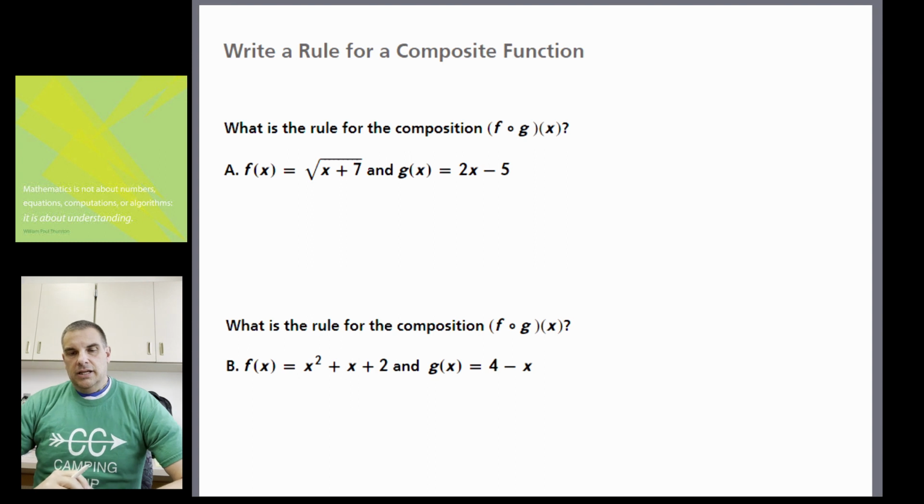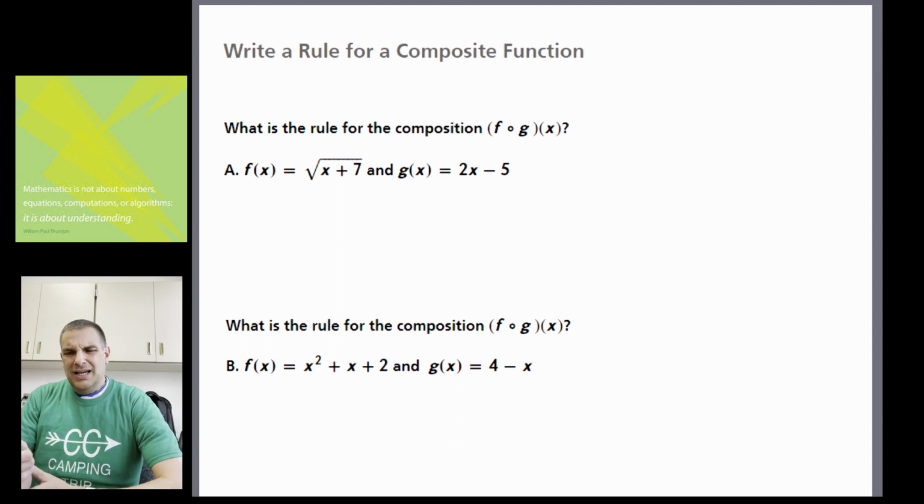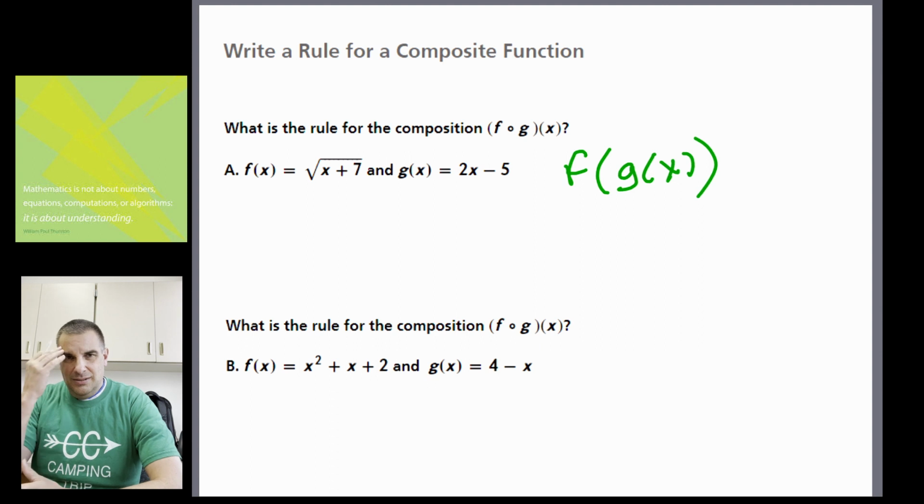Okay, so now let's take a look at writing the different composition functions. This is the same thing, it's just a different way to write it, f of g of x. When I see f circle g, I like to rewrite it like this. In my mind, it helps me do these a little bit better.